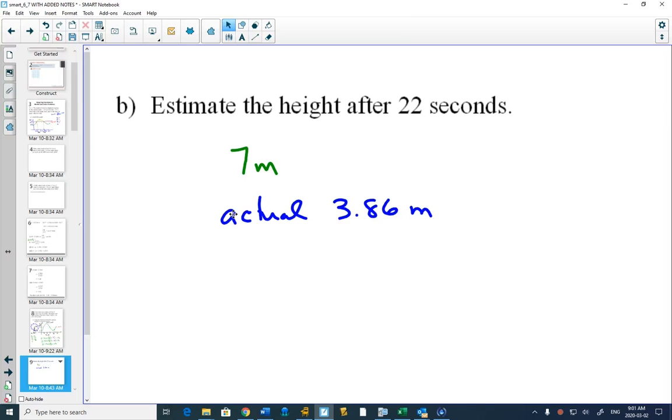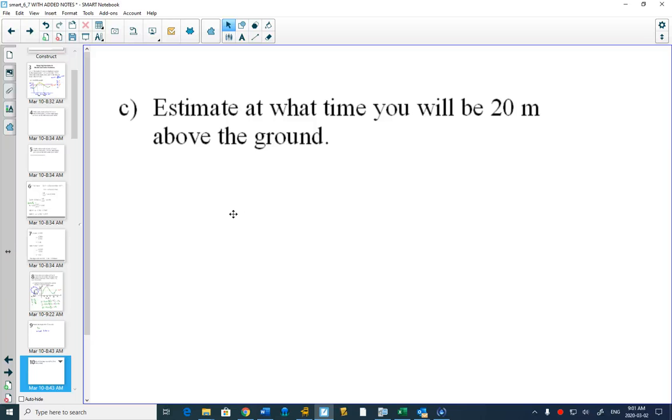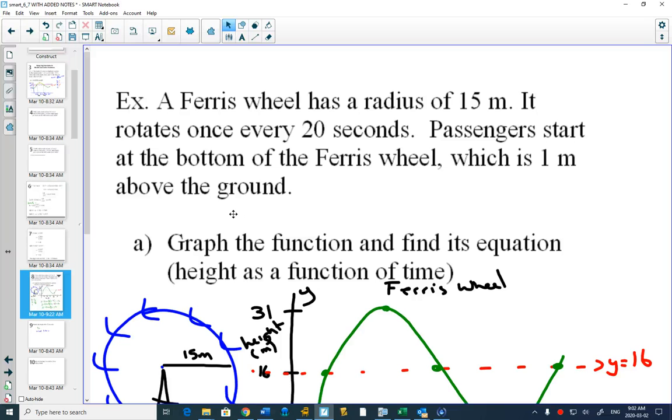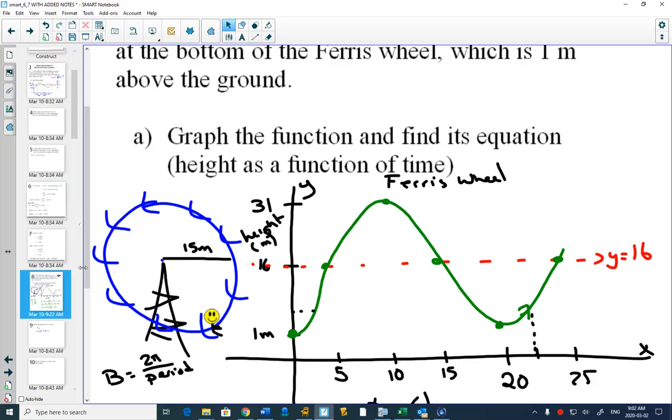And then the second part says, estimate at what time you will be 20 meters above the ground. So if we go back to our graph here, try to decide where 20 would be. There or there. 2 possible answers.